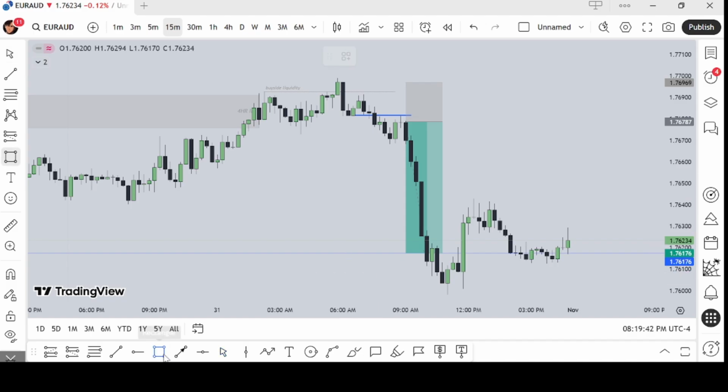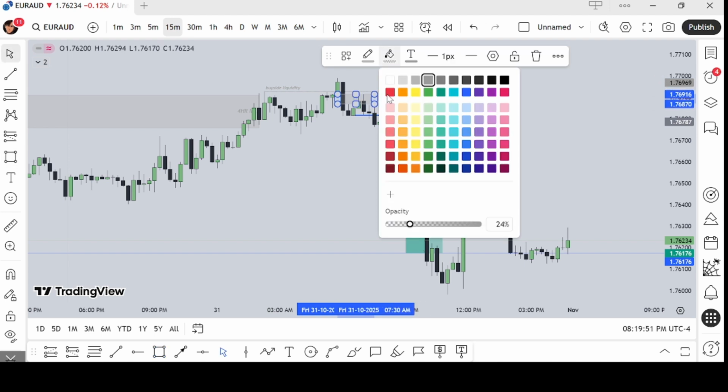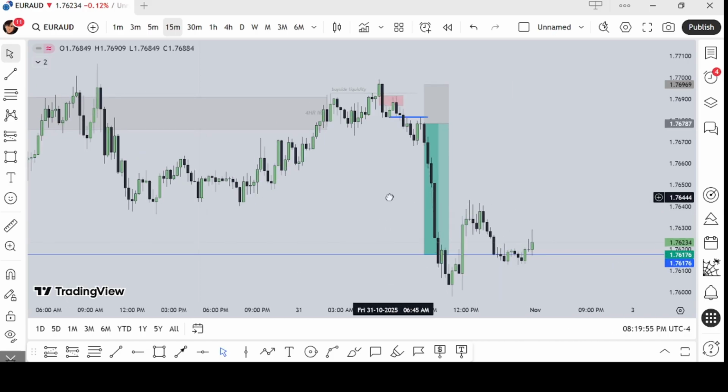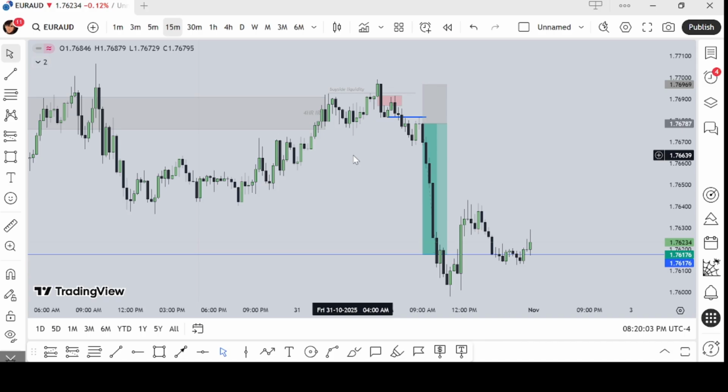And you can see we also have this fair value gap right here. So this is the trade, right? Now you can see this trade is 1:3.3. So this is a very, very nice setup.